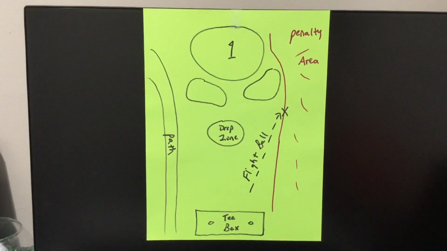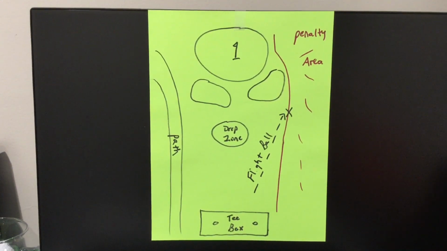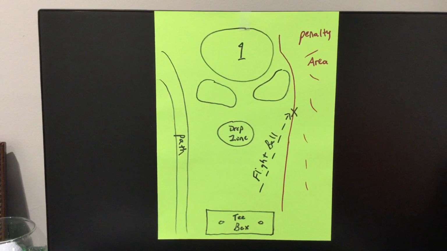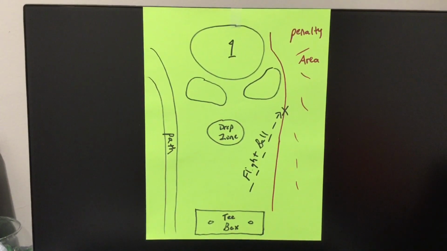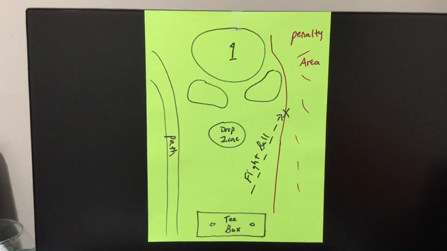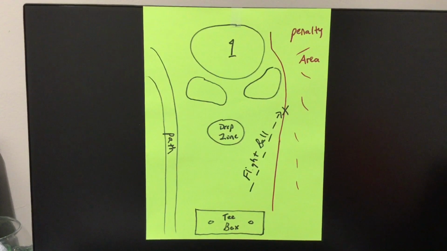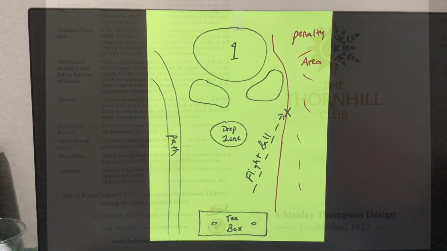So the more practical option is to use your point of entry, the point where it crosses into the hazard, past the stakes or the red line, and then from that point you can take 2 club lengths no nearer the hole, and drop within that zone. It ends up being a little bit of a half moon area, and then you can play your shot from there.